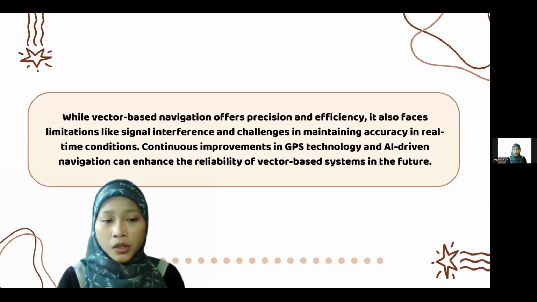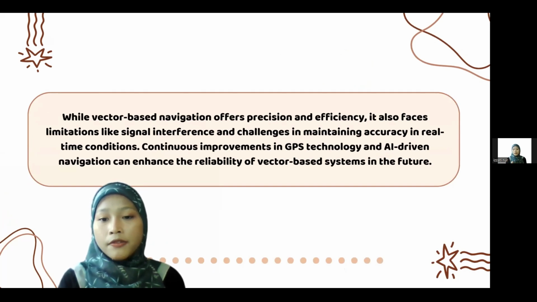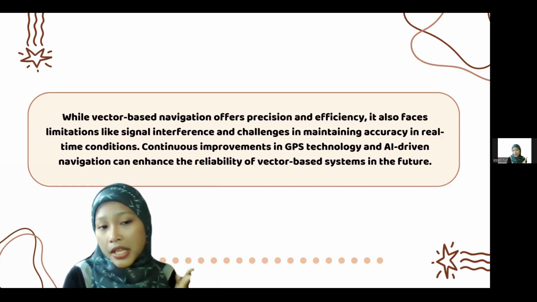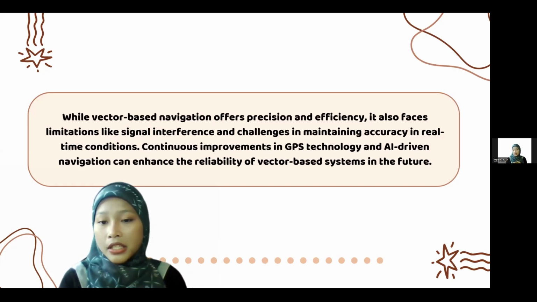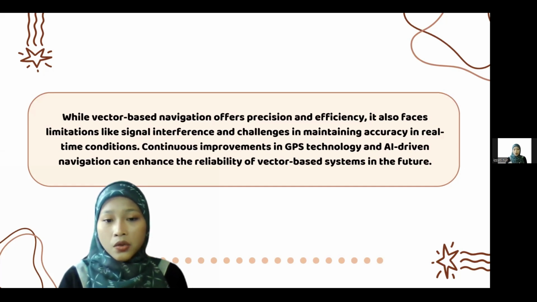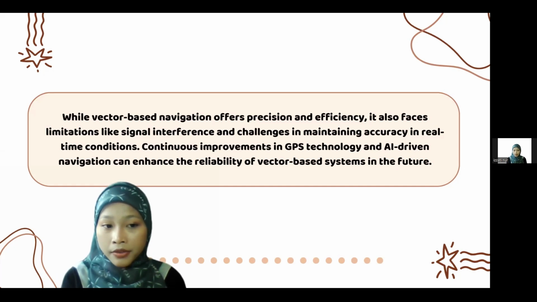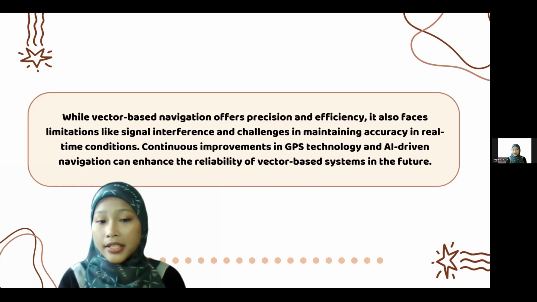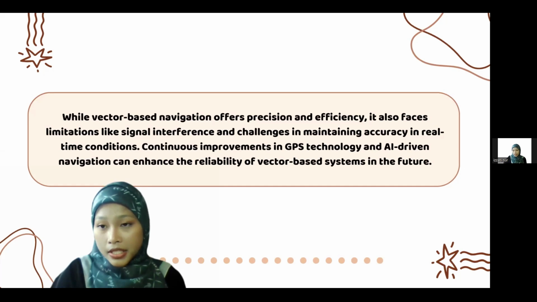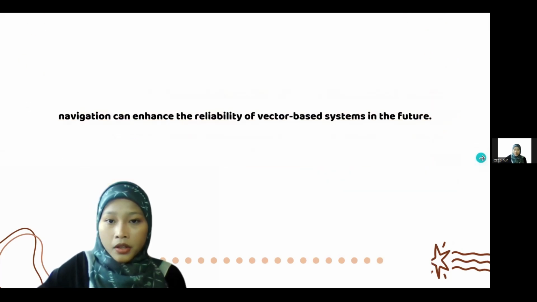So we can conclude that while vector-based navigation offers precision and efficiency, it also faces limitations like signal interference and challenges in maintaining accuracy in real-time conditions. Continuous improvements in GPS technology and AI-driven navigation can enhance the reliability of vector-based systems in the future.